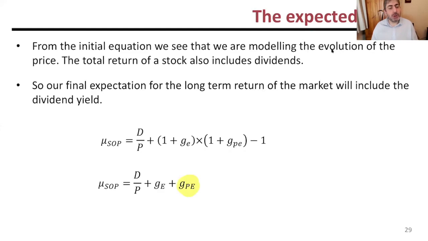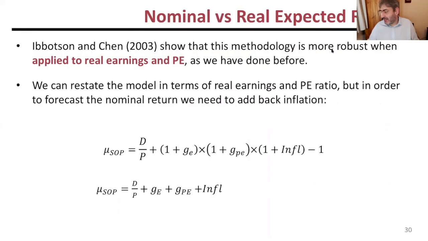So we simply took the AQR model, or any model based on earnings, that has yield plus growth, and we added a third component, which is the expected growth rate of the price-earnings ratio.